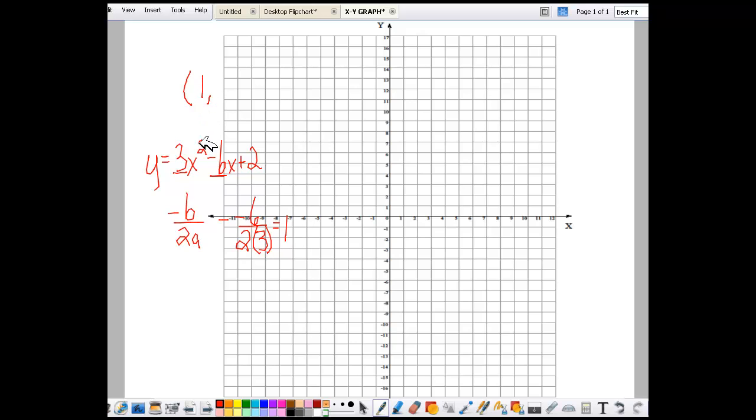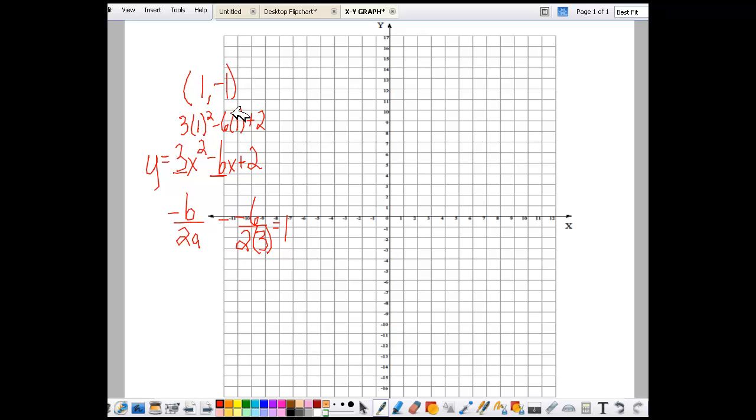So now if I plug 1 in right here, I've got 3 times 1 squared minus 6 times 1 plus 2. So that will be 1 squared, which is 1, times 3, which is 3. 3 minus 6 is negative 3, plus 2 is negative 1.